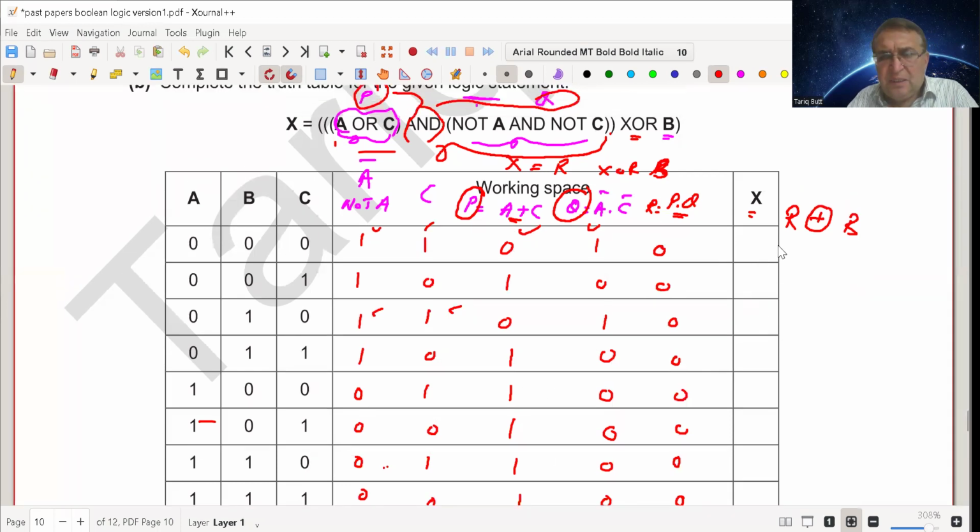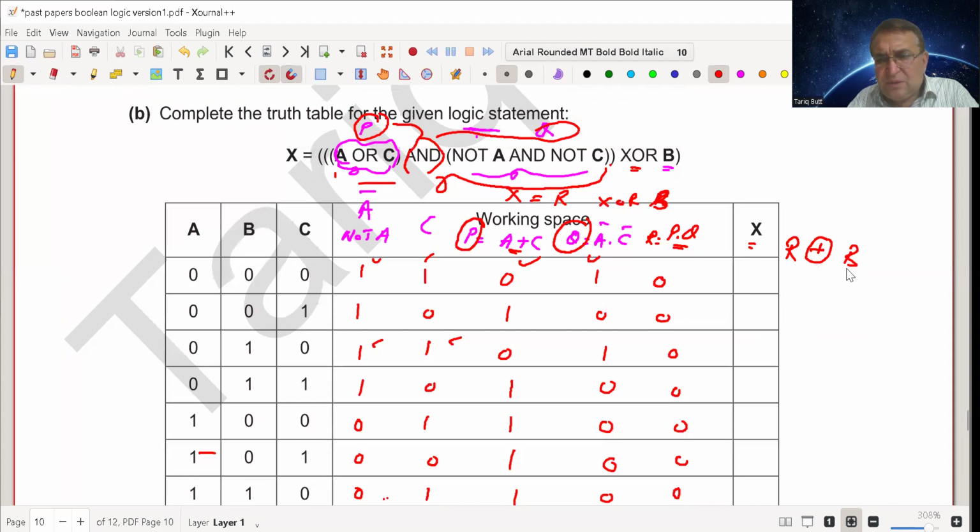And finally, X is R exclusive OR B. So what is R and what is B? R is this column, and B is this column. So you have to XOR these two columns.